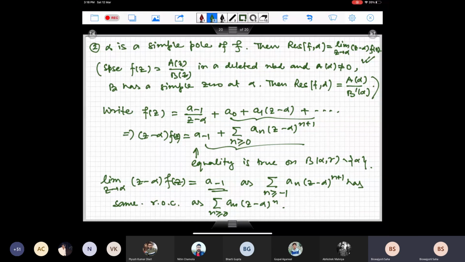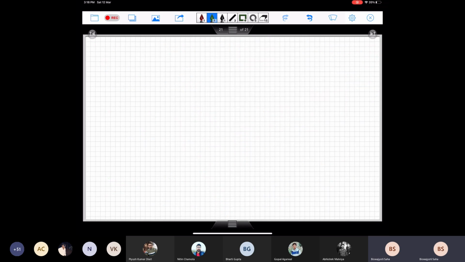The other formula that I have given over here in some cases becomes useful as well, especially when your functions are in the form of a rational fraction. So let us calculate this one.